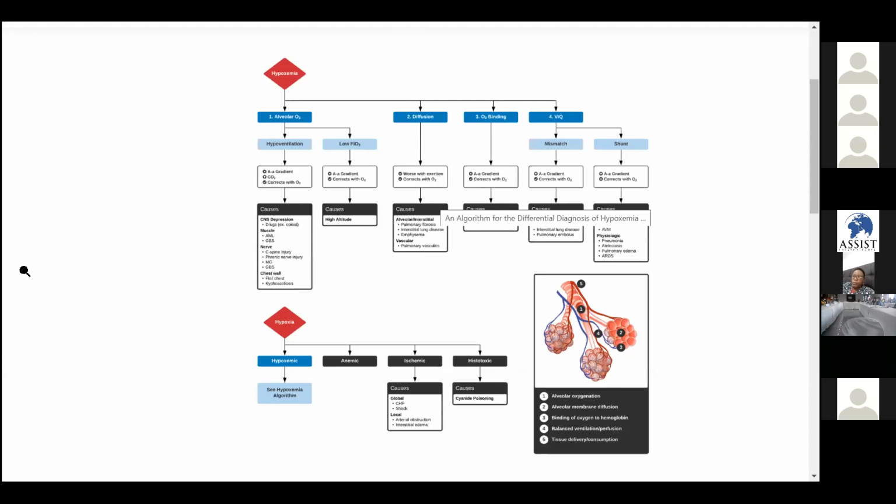So anything that interferes with effective transportation of oxygen, including, for instance, carbon monoxide poisoning, will lead to tissue hypoxia as well. In a nutshell, that would be the overall classification, but I would still encourage our listeners and participants to look at the illustration or algorithm for further information. Thank you.